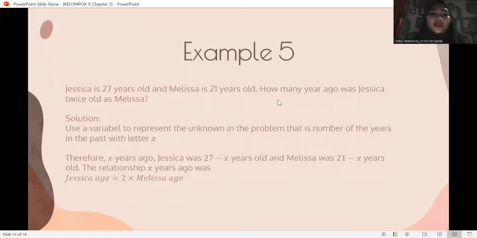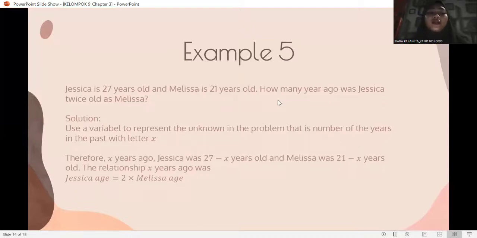The solution: use a variable to represent the unknown in the problem, that is the number of years in the past, with the letter x. Therefore, x years ago, Jessica was 27 minus x years old and Melissa was 21 minus x years old.